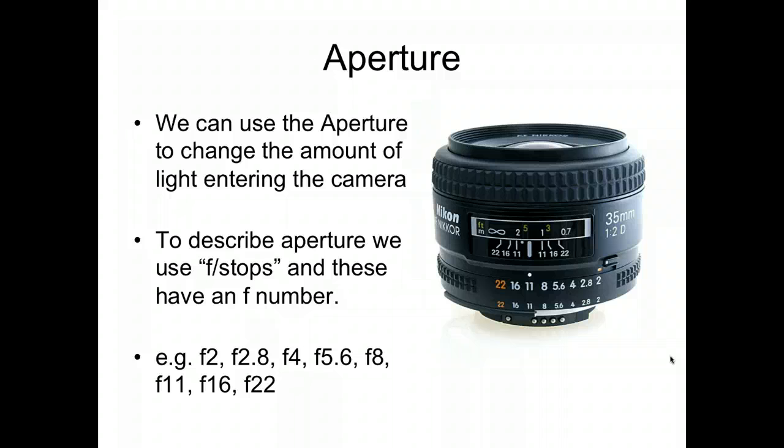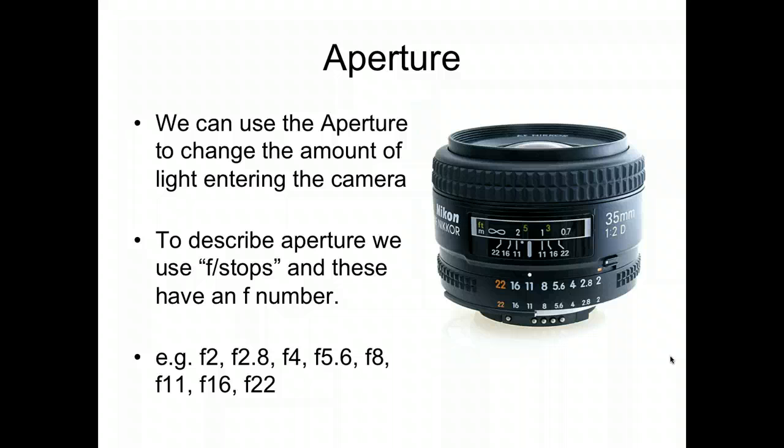The higher the number, and this is a little bit reversed, the smaller the aperture opening is. So if I set it to f22, I have a very, very small opening, and less light is going to come through. On the flip side, if I set it to 2, the aperture is going to be wide open, and a lot of light is going to come in.